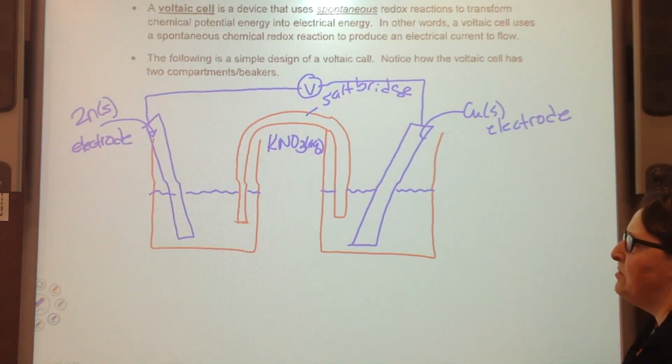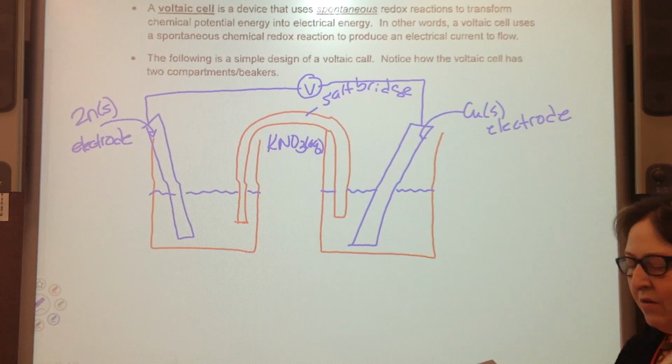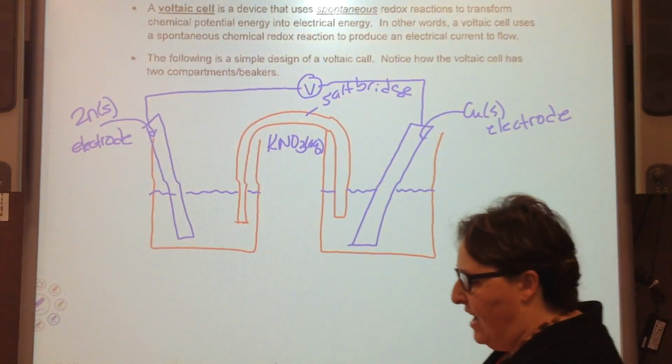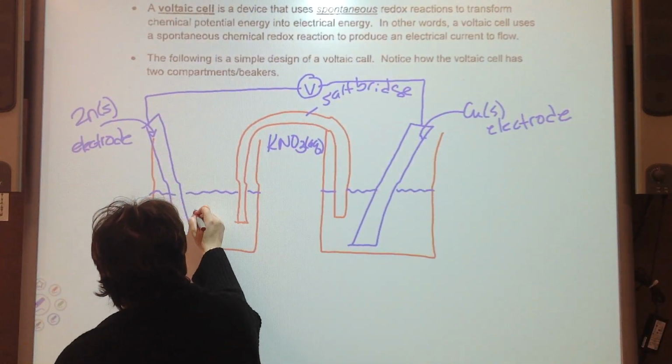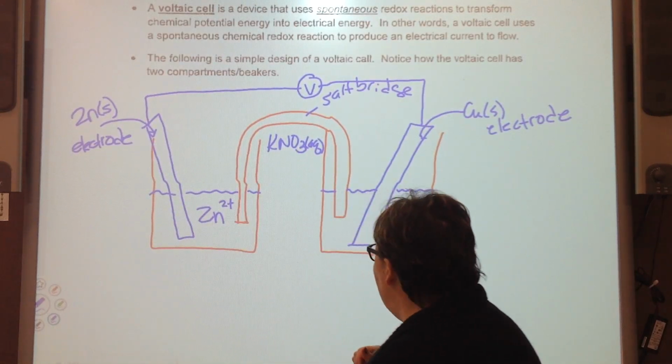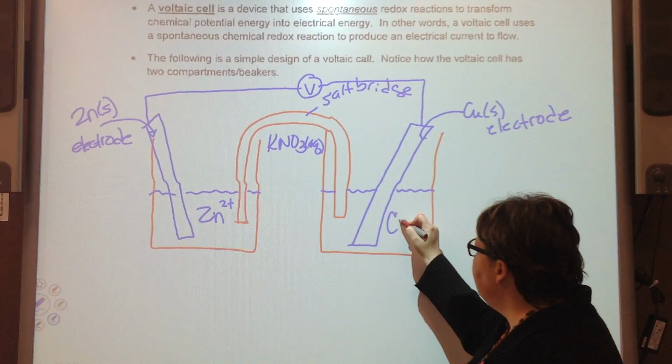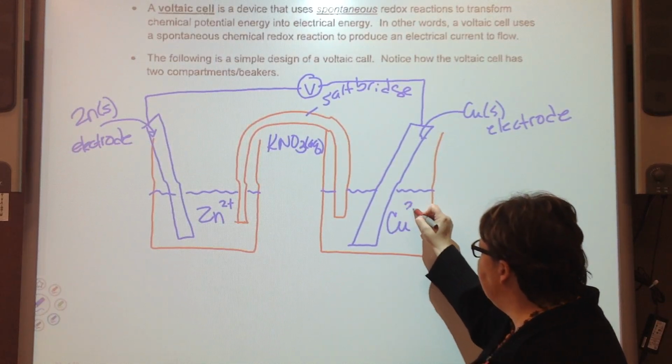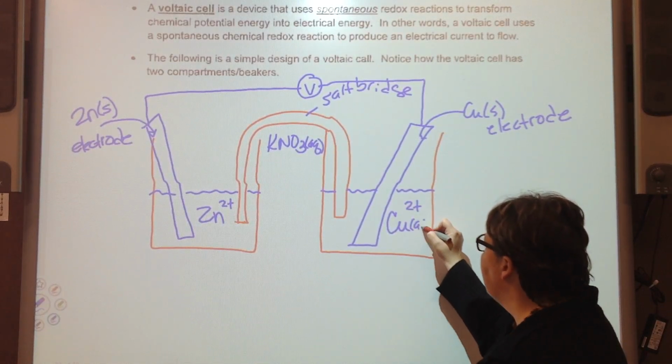Okay, connected up to our voltmeter. Now we need to have some kind of solution that we put this in. And so what we see is that this solution here is going to have zinc 2 plus ions, and this solution here is going to have copper 2 plus ions.